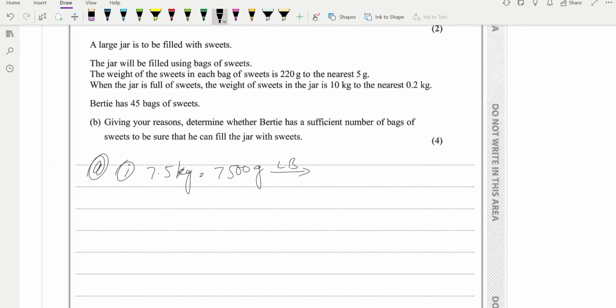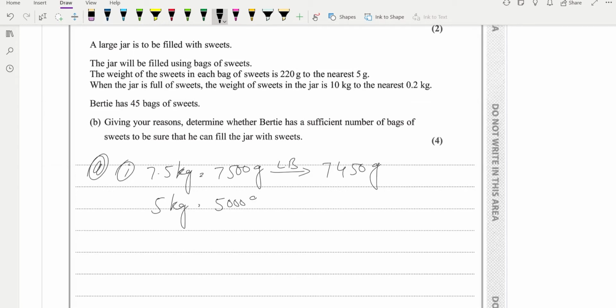Lower bound of this to the nearest 100 means 50 grams we will subtract, so it will be 7450 grams. This will be the lower bound.